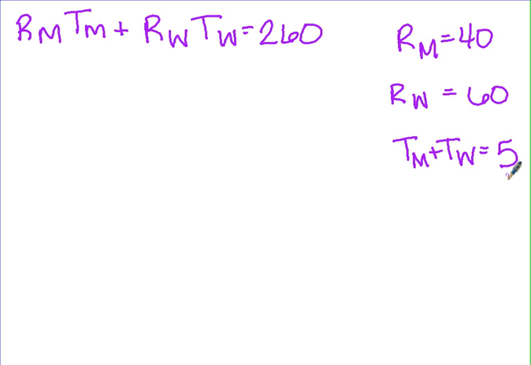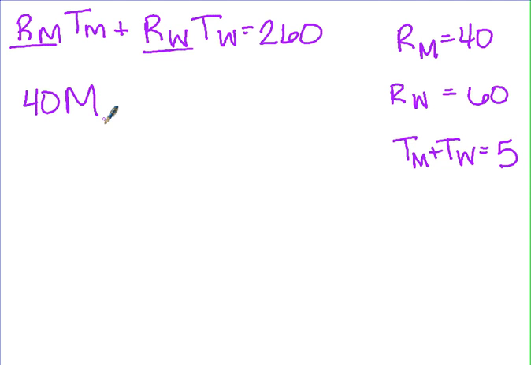Now, the nice thing about this is that r sub m is given to us and r sub w is given to us. So we can plug them into our equation. So instead of r sub m t sub m, we have 40 t sub m plus 60 t sub w. And instead of t sub m, t sub w, I'm just going to call them m and w.